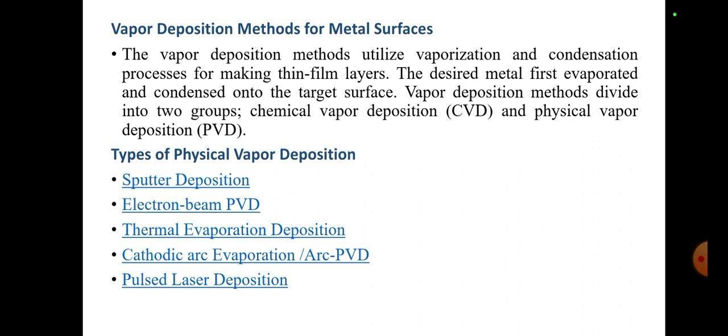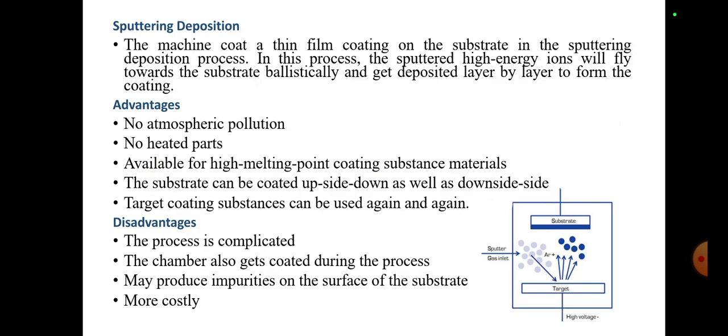These are some types of physical vapor deposition: sputter deposition, electron beam PVD, thermal evaporation deposition, cathodic arc evaporation, and pulsed laser deposition. In sputtering deposition, the machine coats a thin film on the substrate.